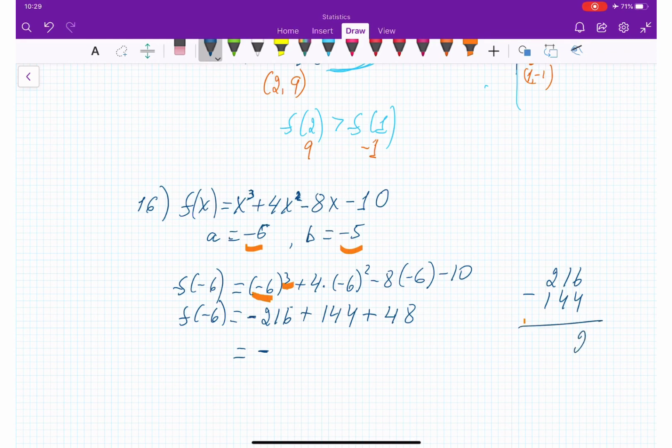So we get negative 72. If I add 48, again I have to subtract: negative 72 plus 48, the result is going to be negative, and we subtract 72 minus 48.